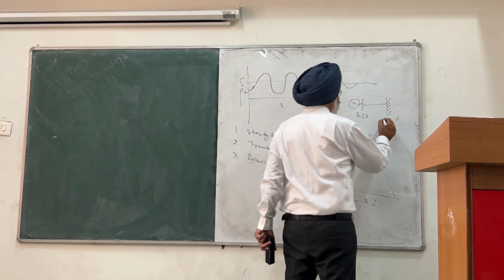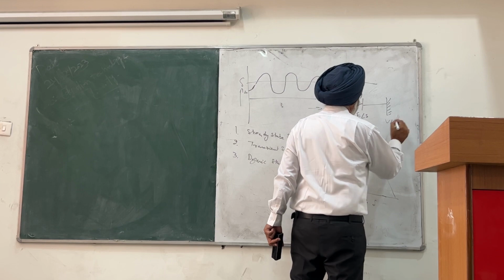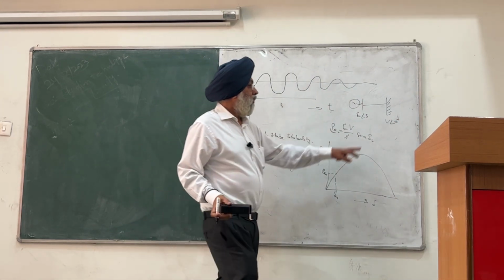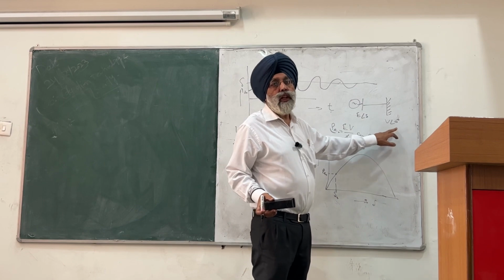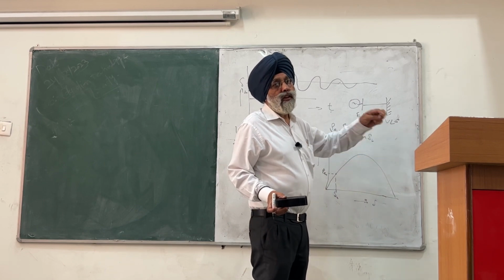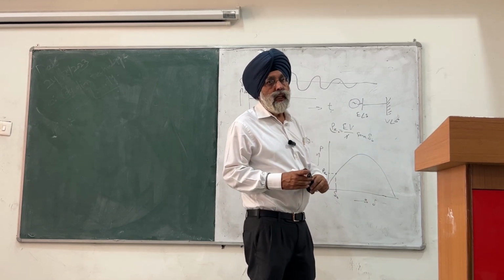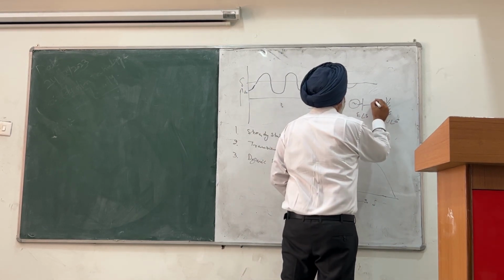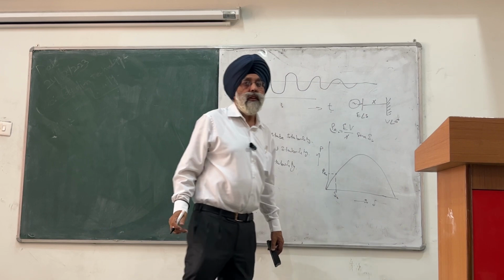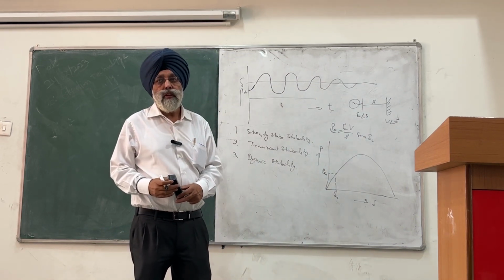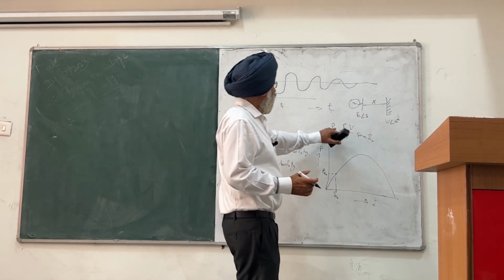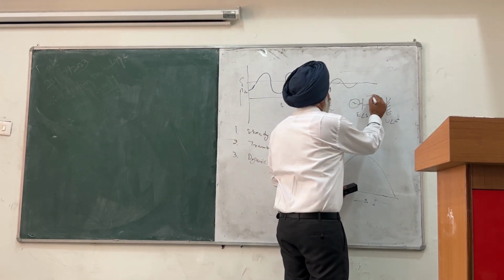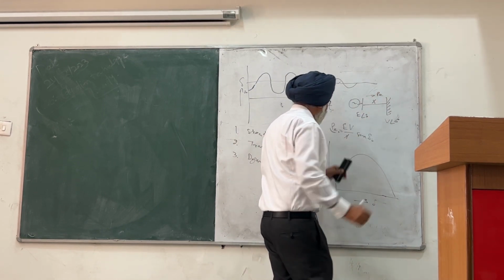So let us suppose the voltage level of this infinite bus is V angle 0, meaning the voltage phasor is lying across the reference axis, and the power which is flowing through the line is having the reactance X.